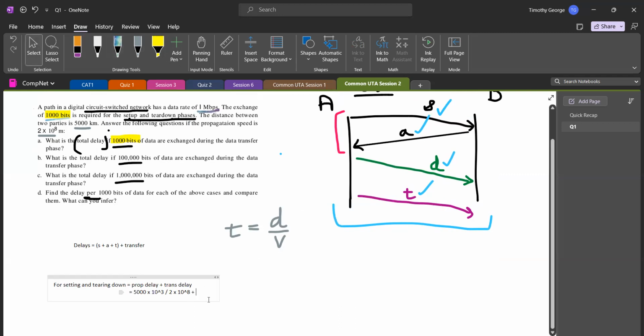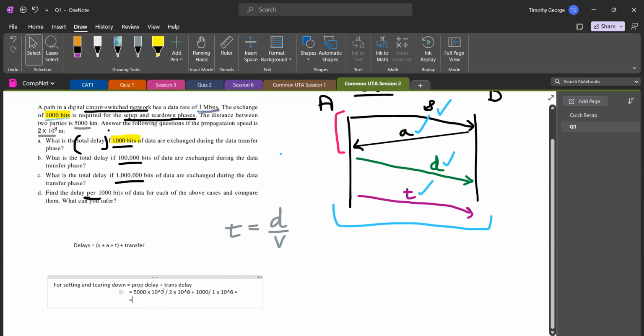So transmission delay is 1000 bits divided by 1 Mbps. In terms of bits only, 1 Mbps is 1 x 10 to the power 6. Okay, it does give some answer, but let's solve it properly.